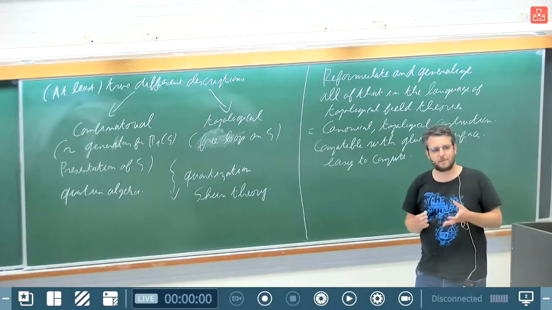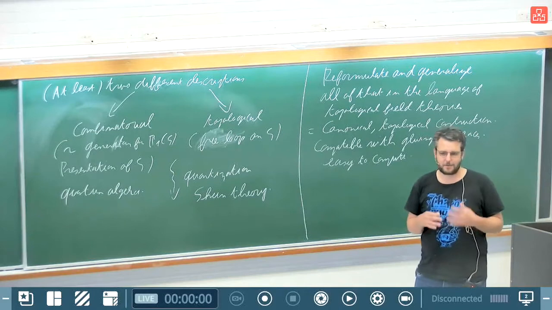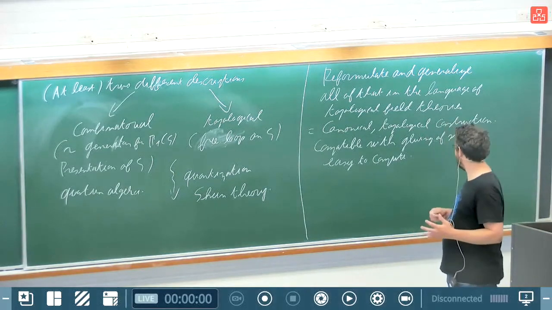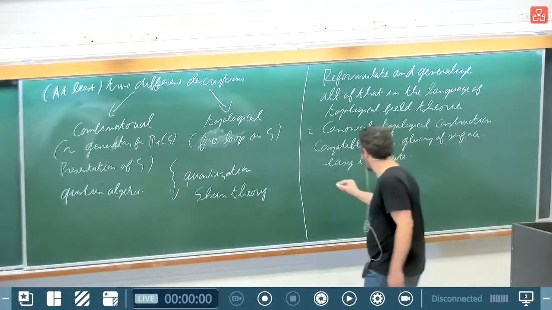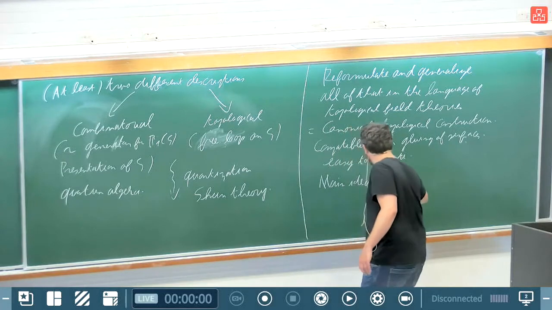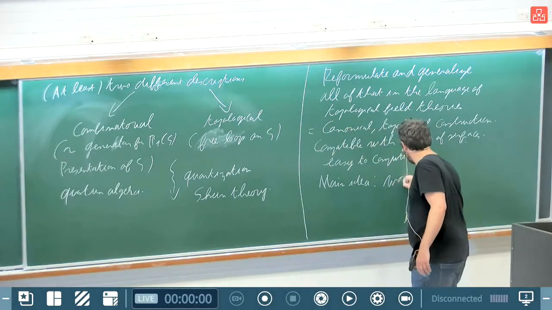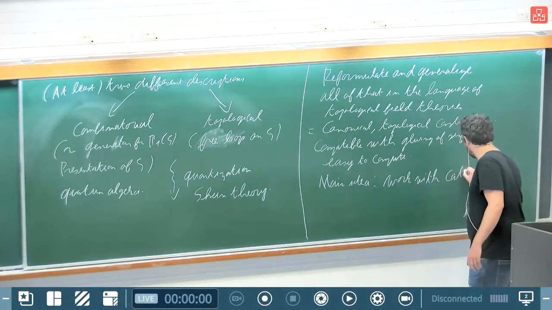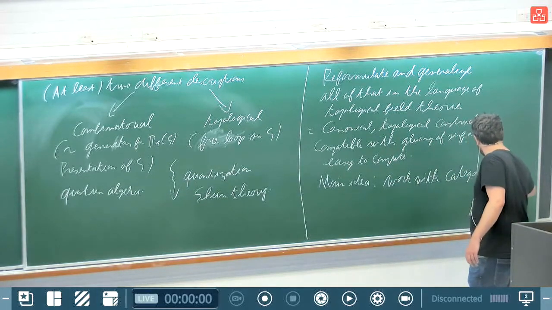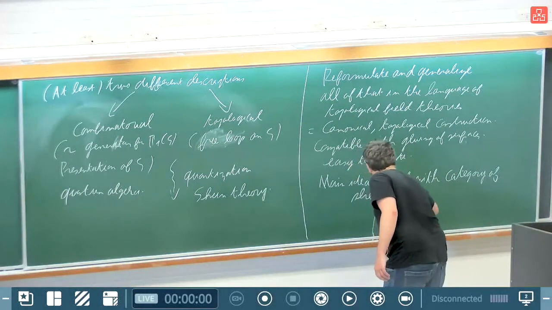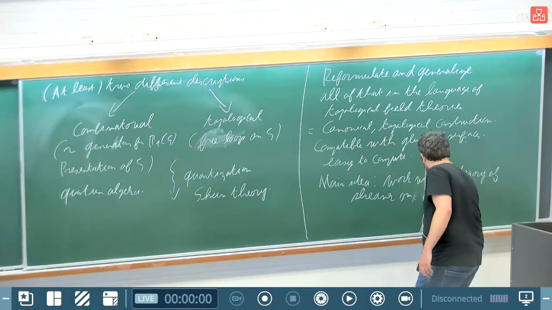So really what I'm doing is looking at the character stack, but you don't need to know what a stack is either. I will explain that, but the main idea is to work with the category of sheaves on this character variety.